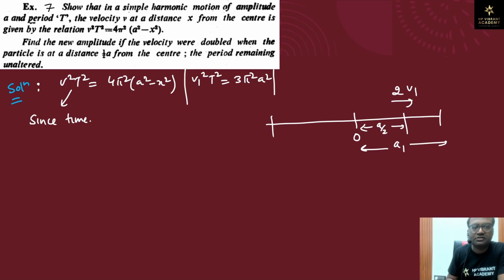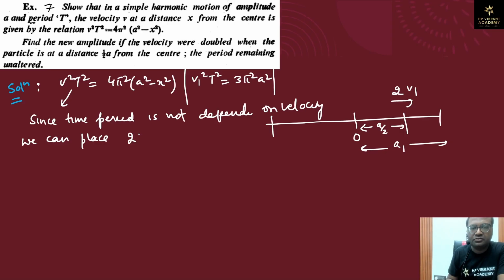Since time period is not dependent on velocity, we can place 2v1 and x is equal to a by 2 in the expression v square T square is equal to 4 pi square (a square minus x square).